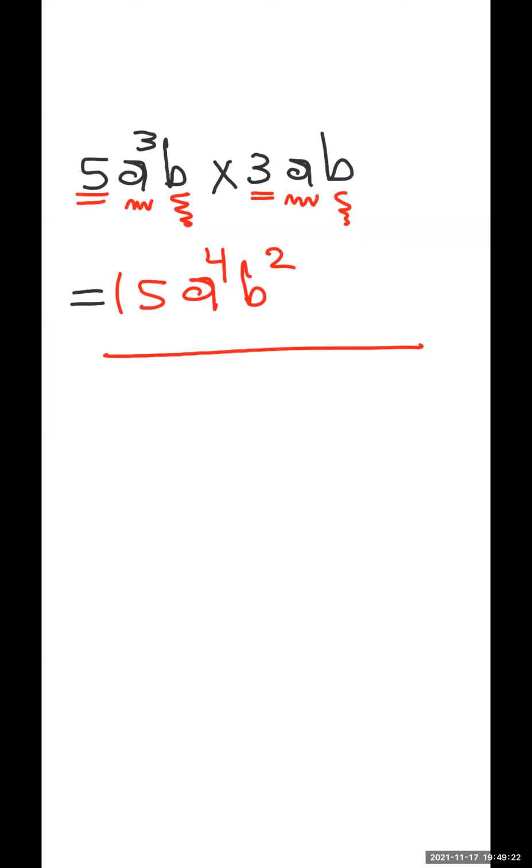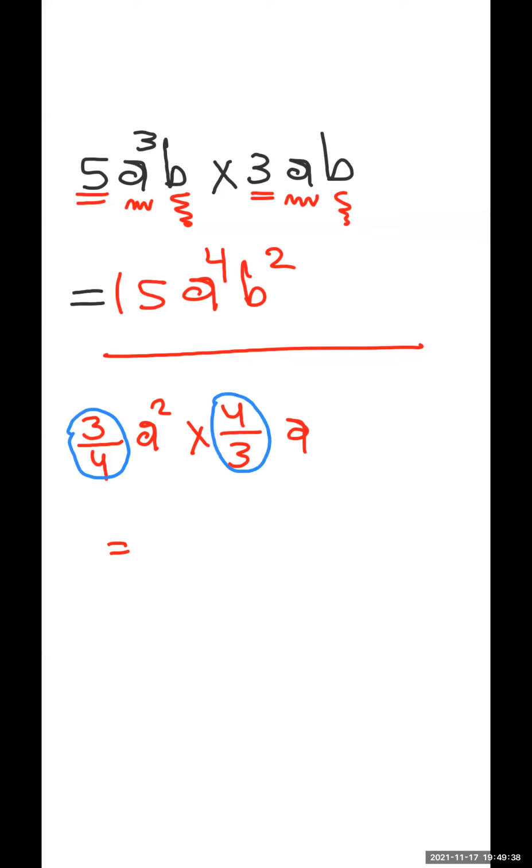Okay, guys? Another question. If I want to multiply 3 over 4 a squared times 4 over 3a. Never mind, it's the same concept. We will multiply the two coefficients. 3 over 4 multiplied by 4 over 3 will be 1.